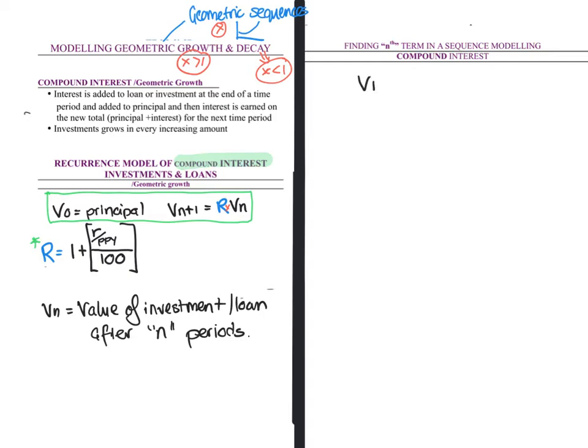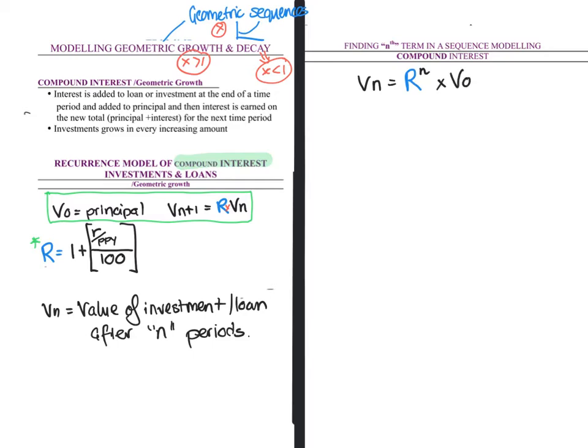So we'll have Vn will equal, now you're going to have that R value, whatever you've calculated that R value to be, and it will be to the power of n now. So if I said after 12 years, if this was a yearly formula, this would be to the power of 12. Do you understand? That's a power there. Okay, and then you will be times by V0.